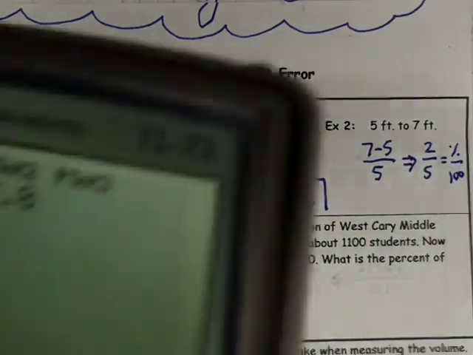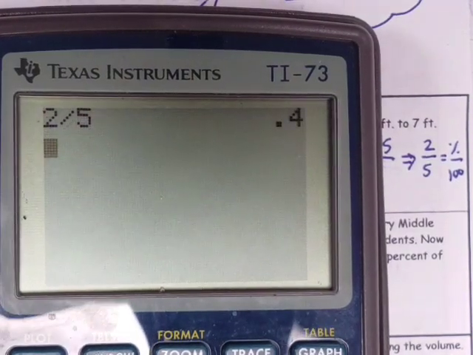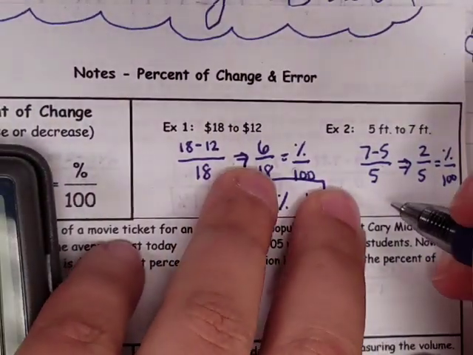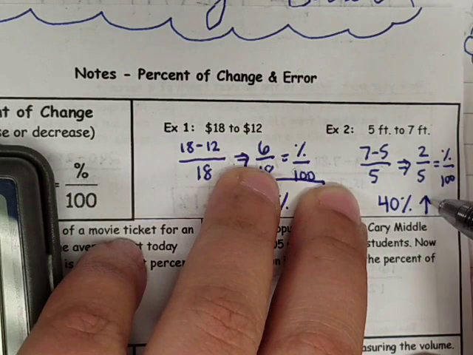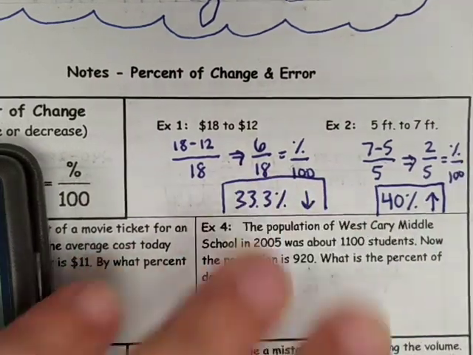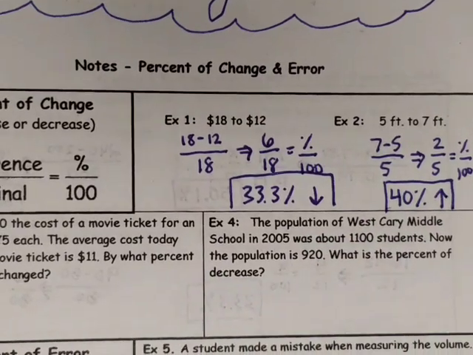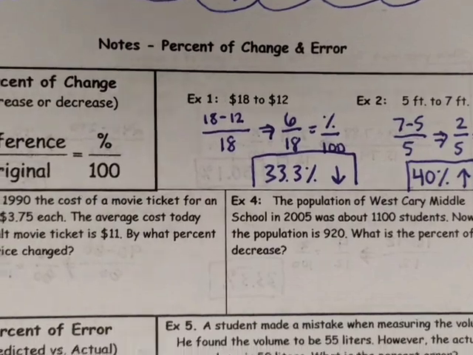In my calculator, I'm going to do 2 divided by 5, and then multiply that times 100. And there's my percent of 40%. So there is a 40% increase in height of whatever this object was. Okay? So that is a straightforward way to do percent increase, decrease, also called percent change.